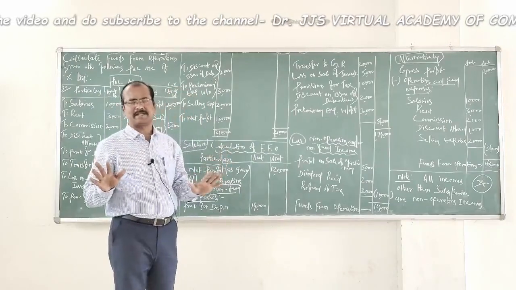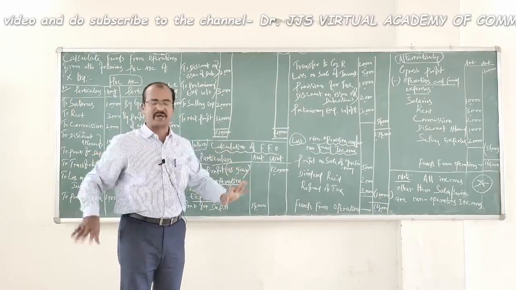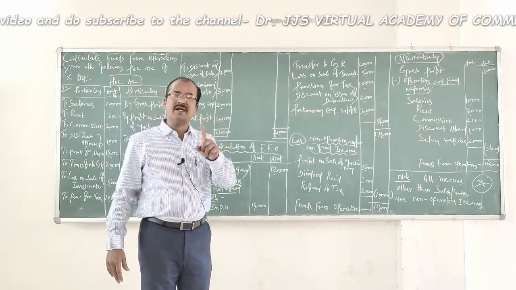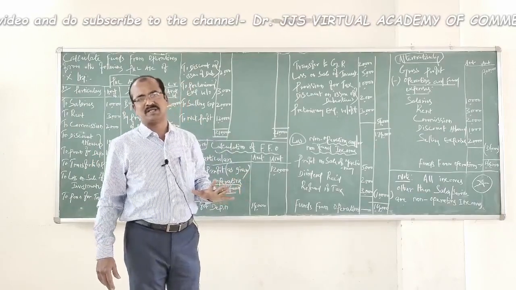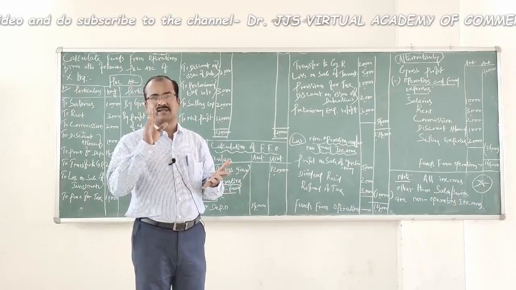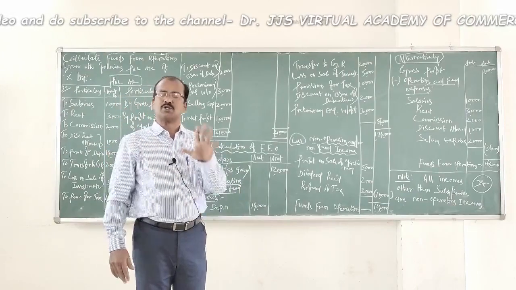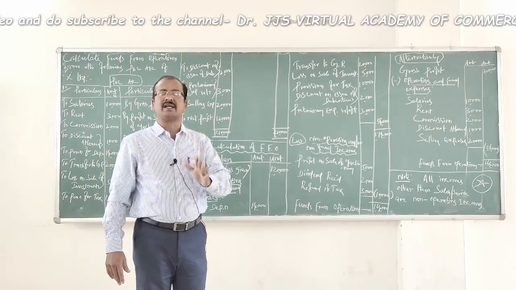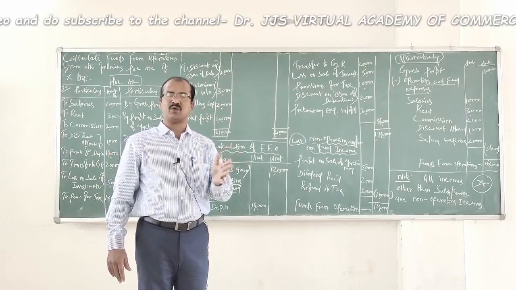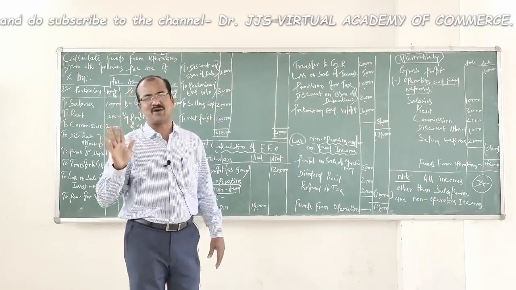Please understand the fact. Any income credited in the profit and loss account is a non-operating income. Sales is the only operating income for a business. If a business is involved in offering service, service revenue is the operating income for such a business. So, any income other than sales revenue credited in the P&L account is non-operating income.